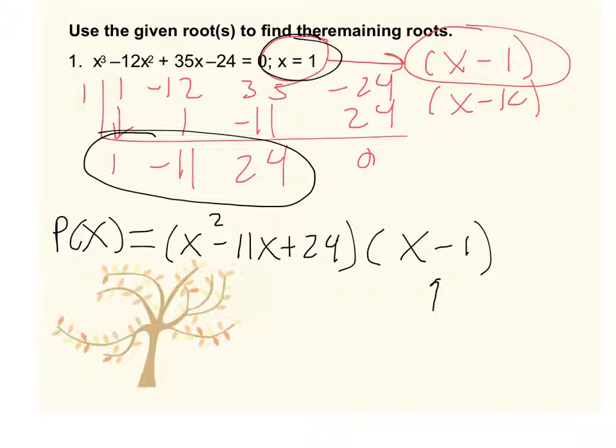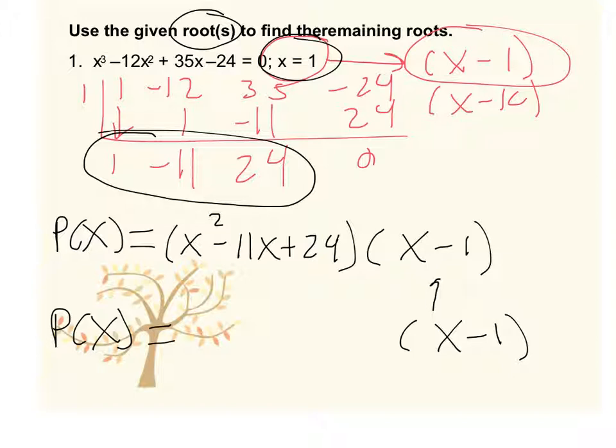But now I've got this down to a quadratic, and I want to find the two remaining zeros. Again, remember that zeros is synonymous with roots. I can just find the two that are left from this quadratic. And the nice part there is quadratics give us options. I can check to see if it's factorable.